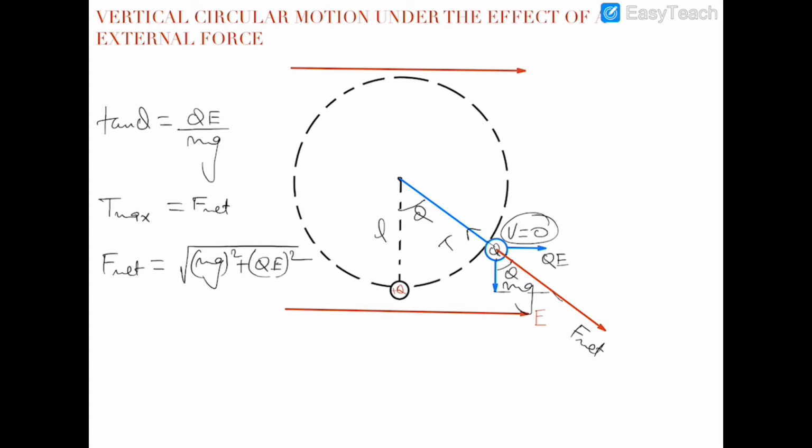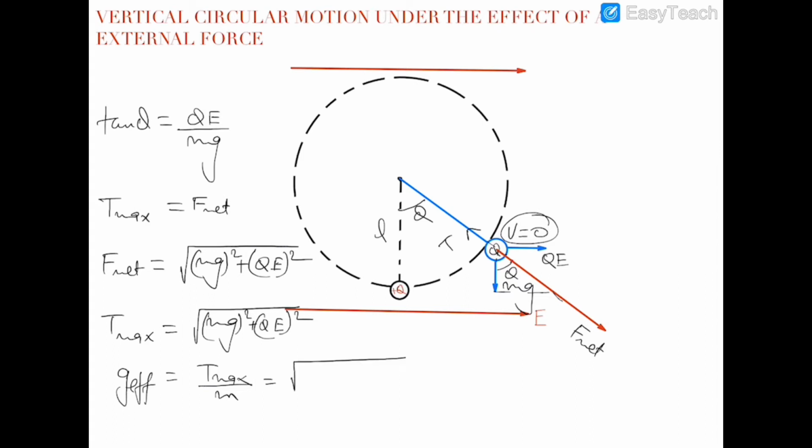You don't have to count mv square by r, because you have to find this tension in the equilibrium position, and then you can write down the g effective. This T max will be equal to root of mg square plus QE square, and therefore g effective will be equal to T max upon m. Therefore it would be under root of g square plus QE square by m square. This is the g effective.